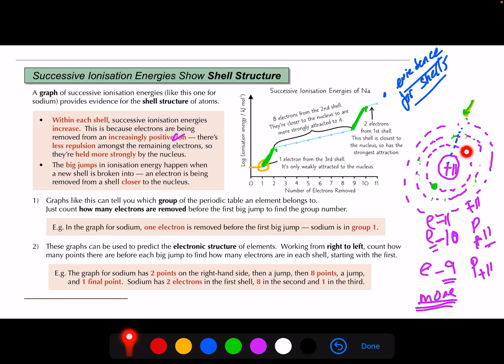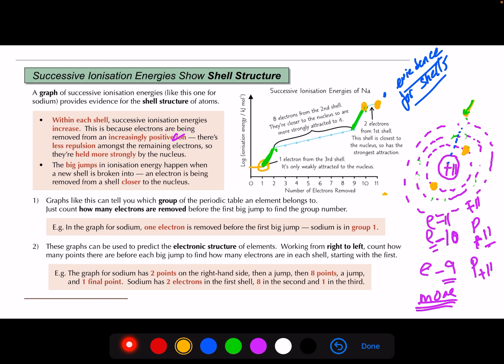Here I'm expecting a jump because I'm removing this electron from a shell that is really, really close to the nucleus. That's why I see a big jump, a big increase. And then see guys, these are the two electrons remaining in the first shell. Once you remove them, we're done.